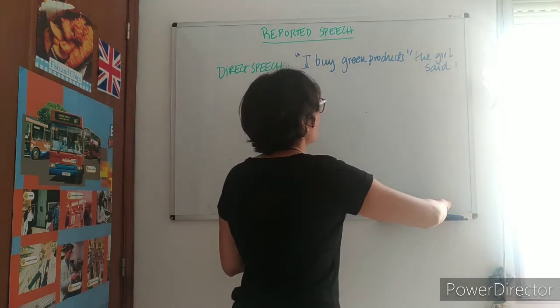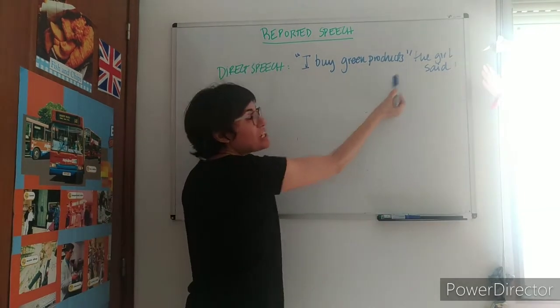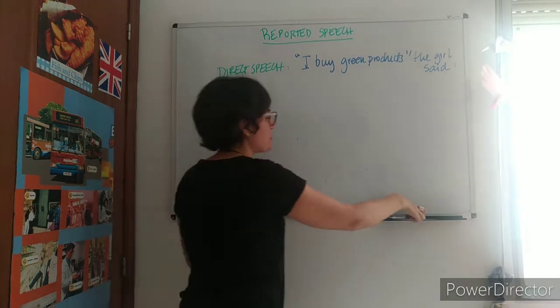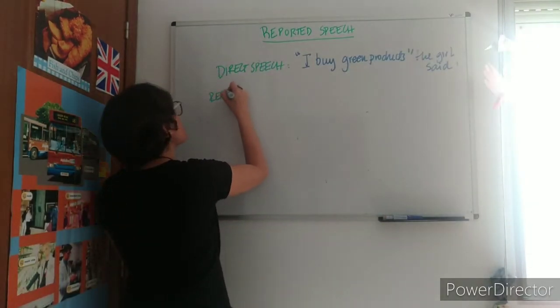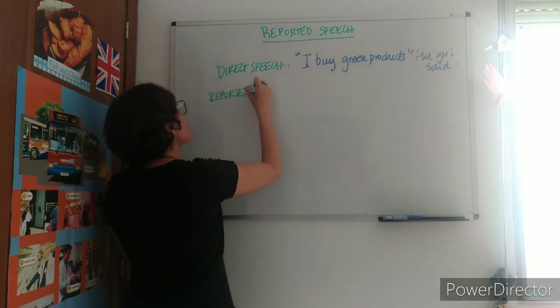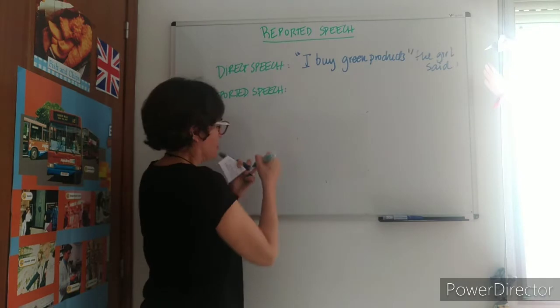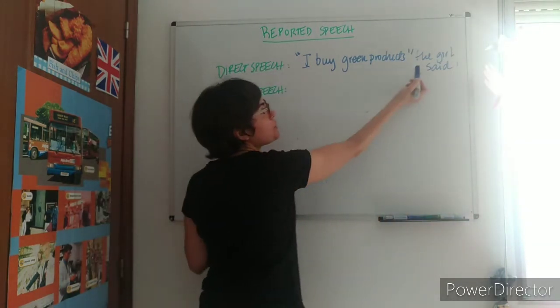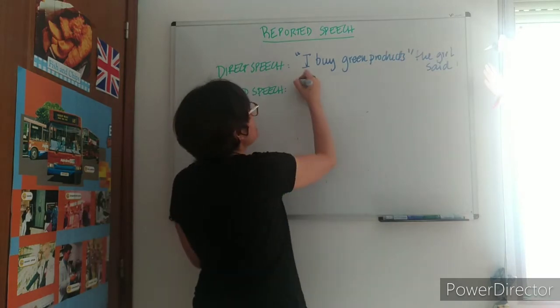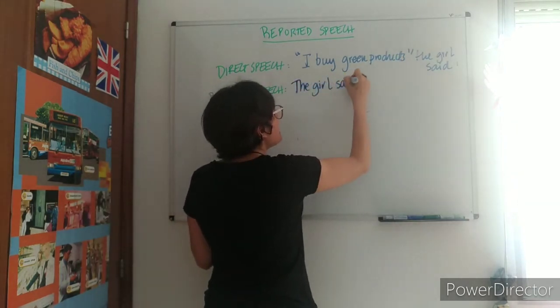So, in order to turn this sentence, which now is in direct speech, into reported speech, what we do is we start with who says the sentence. So in this case, the girl said.